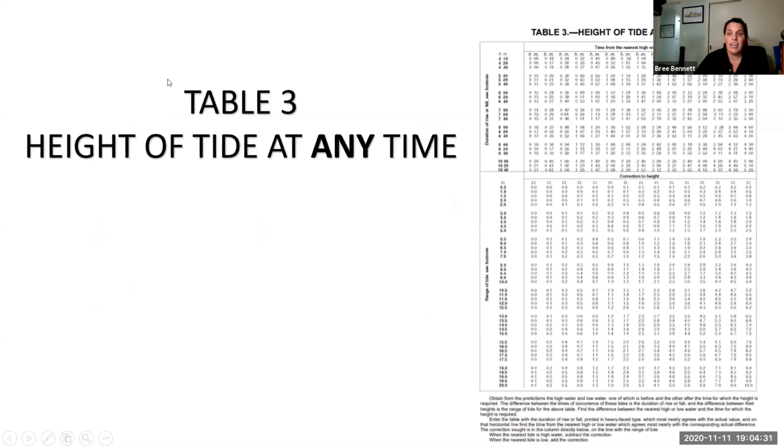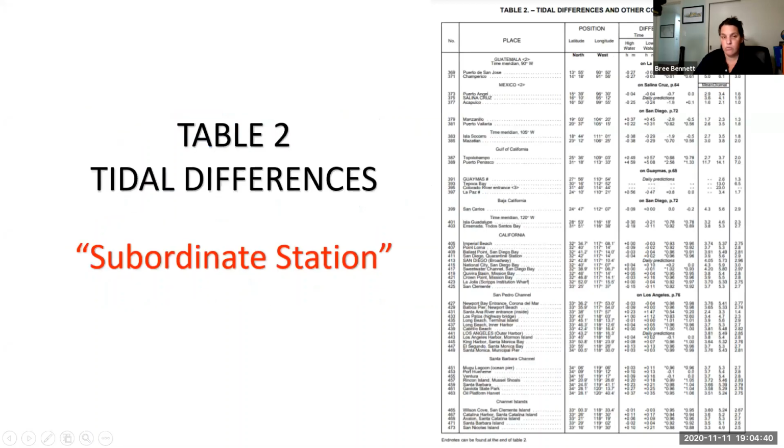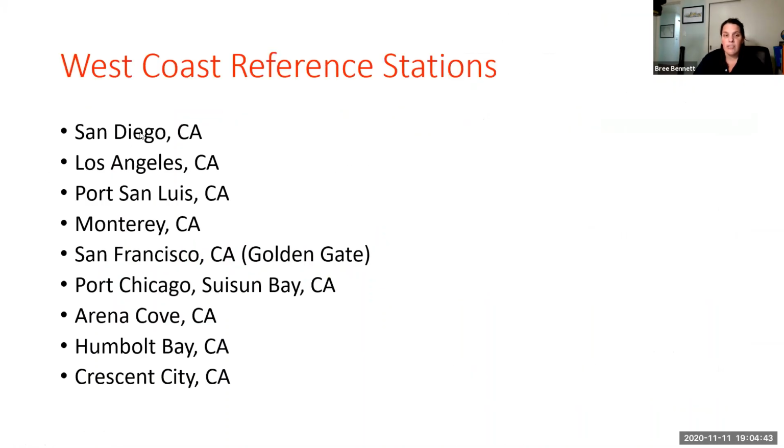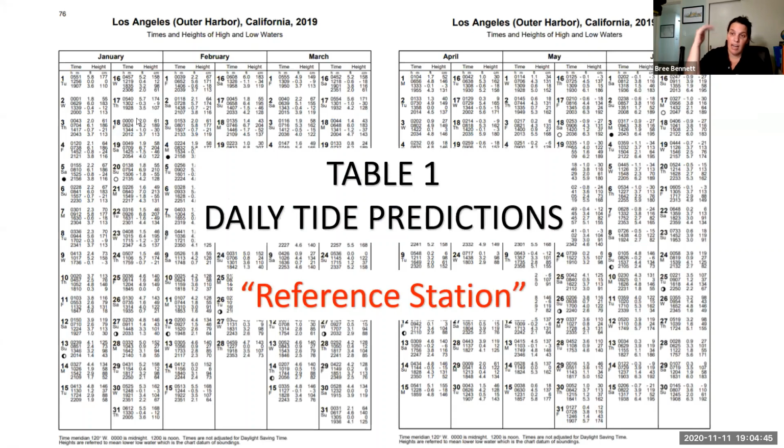And then table 3 gives us a height of tide at any time. If we go back to tables 1 and 2, they give us just the time of high water and the time of low water, just the time and the height. But it doesn't tell us, looking at the first one here, high water is at 5:51, low water is at 12:56.